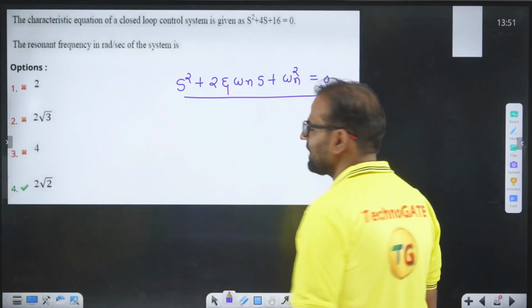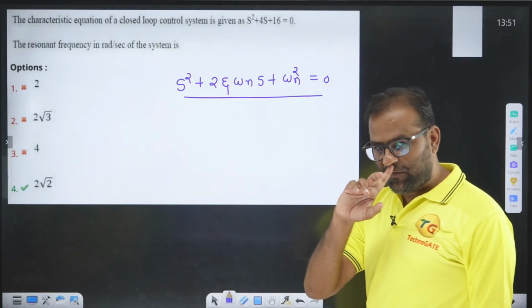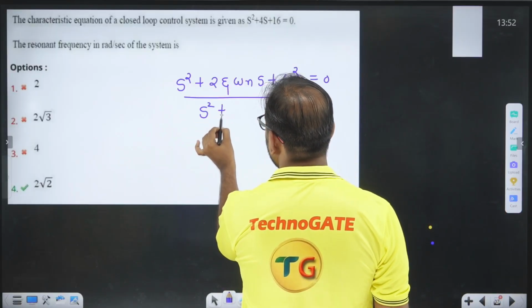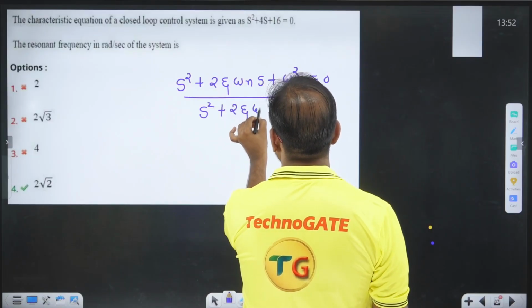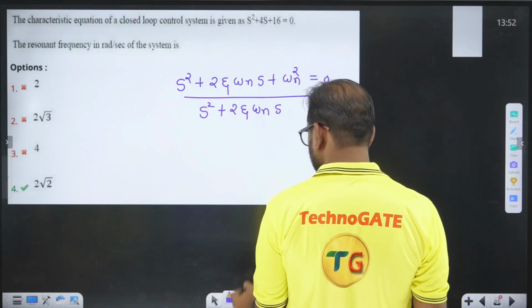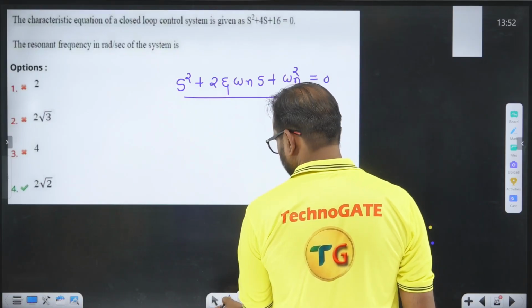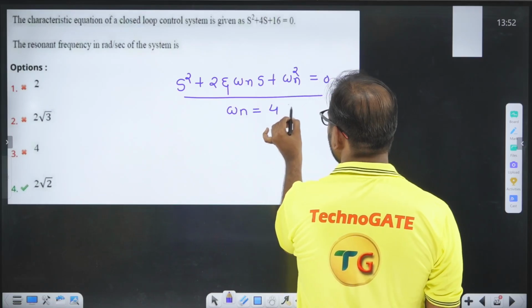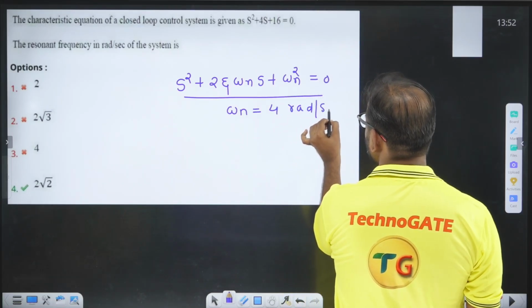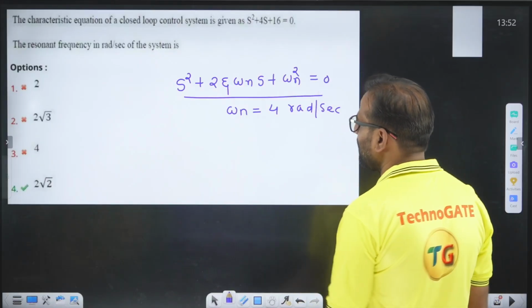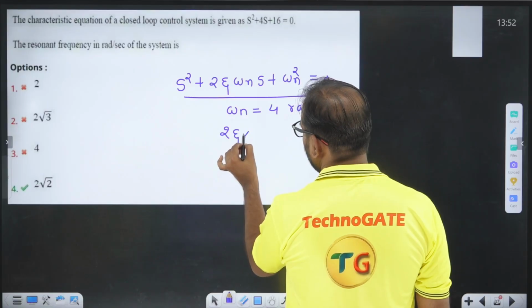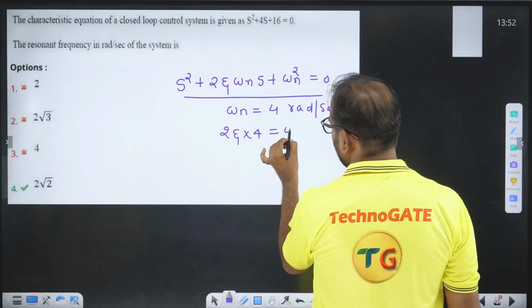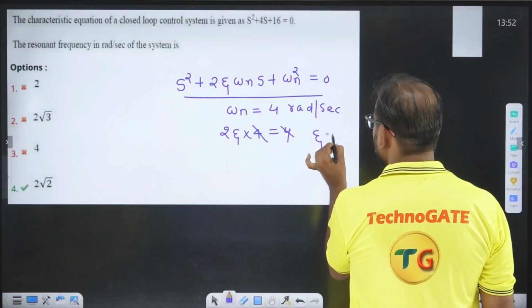Now you can compare with this. What is the value of omega n? Omega n square equals 16, so omega n equals 4 radian per second. And zeta equals what? 2 zeta omega n is given as 4, so 2 zeta into 4 equals 4. So the value of zeta is 1 by 2.